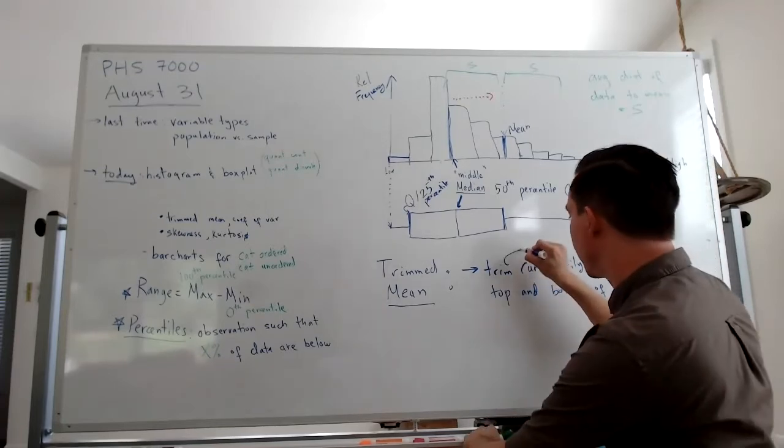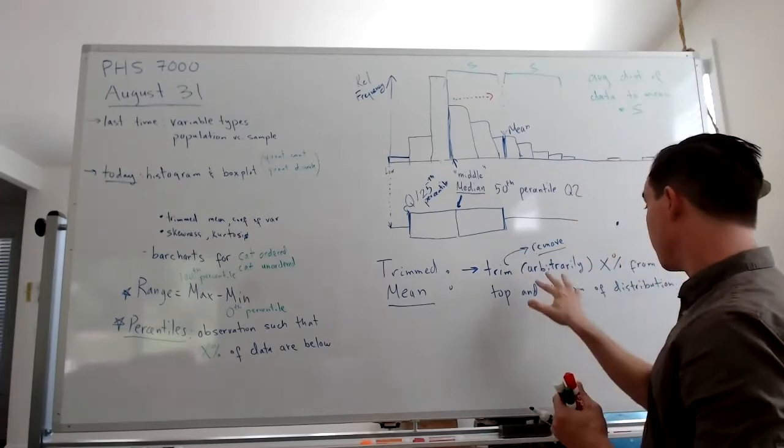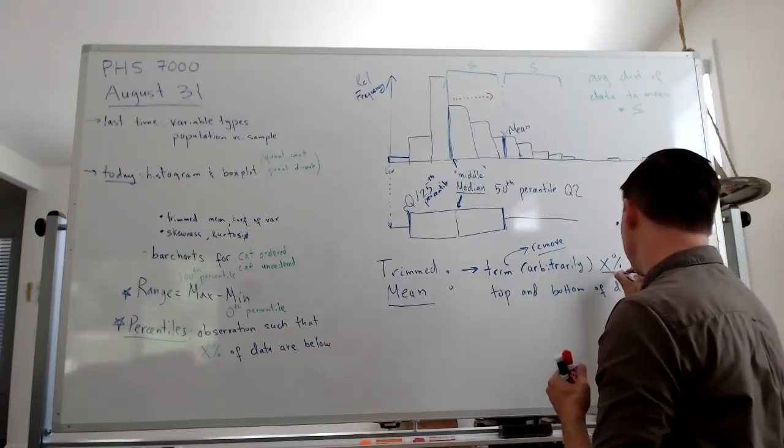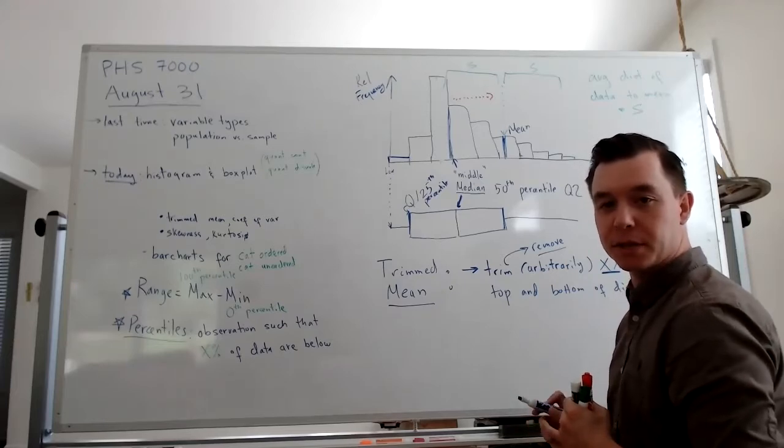So by trim, we can say remove arbitrarily some percentage from the top and the bottom of our distribution.